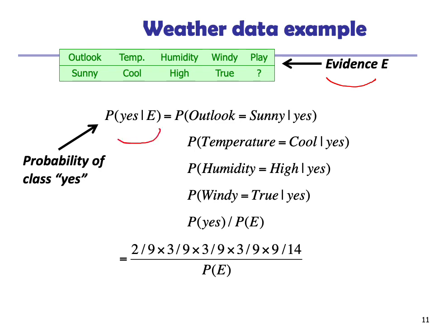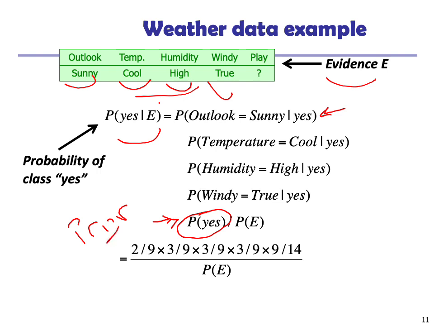So to get the probability of class yes given this evidence, which is the new day, we calculate the probability of outlook equals sunny given class yes, and then times the probability of temperature equals cool given class yes, and the probability of humidity equals high given class yes, and the probability of windy equals true given class yes, and then we multiplied by the overall likelihood P of yes, which is also called the prior probability.